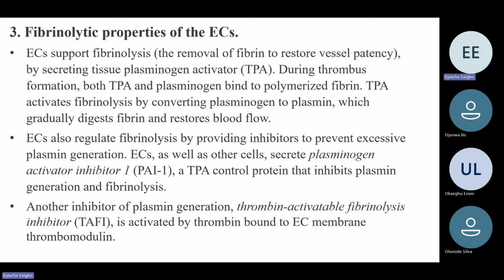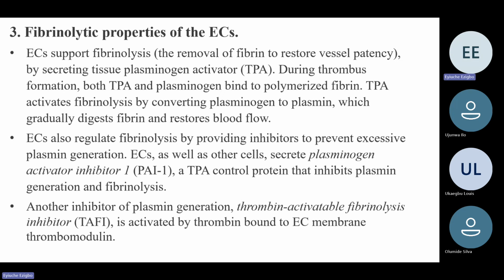During thrombus formation, both TPA and plasminogen bind to polymerized fibrin. TPA activates fibrinolysis by converting plasminogen to plasmin, which gradually digests fibrin and restores blood flow.